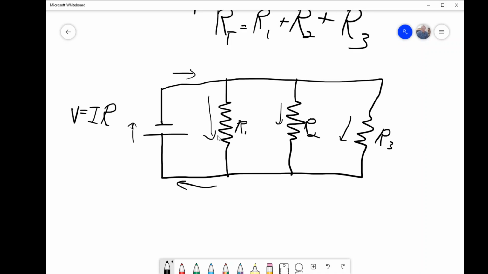So this will actually have a very unusual effect in this case, because we know that the current is going to be split across these 3. So the total current is going to be the current through resistor 1 plus the current through resistor 2 plus the current through resistor 3.